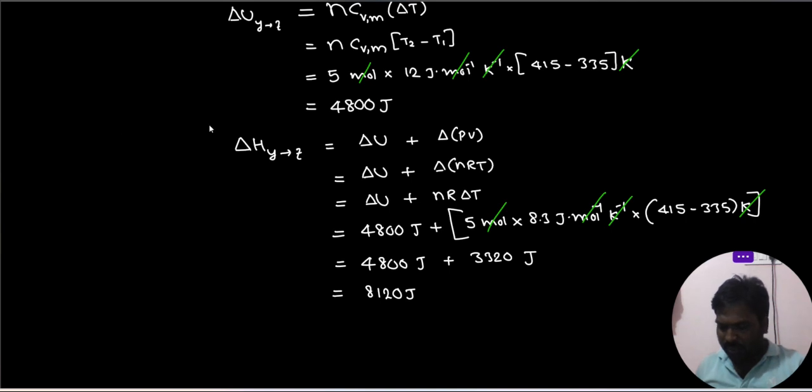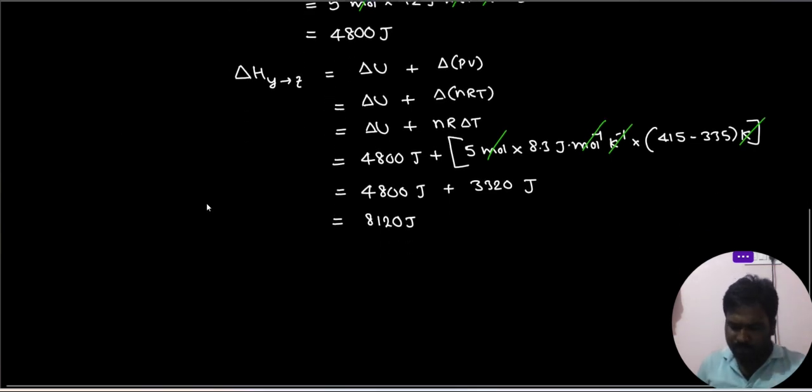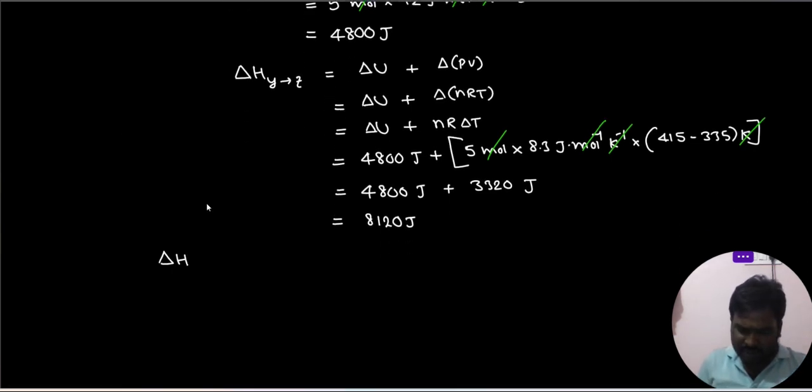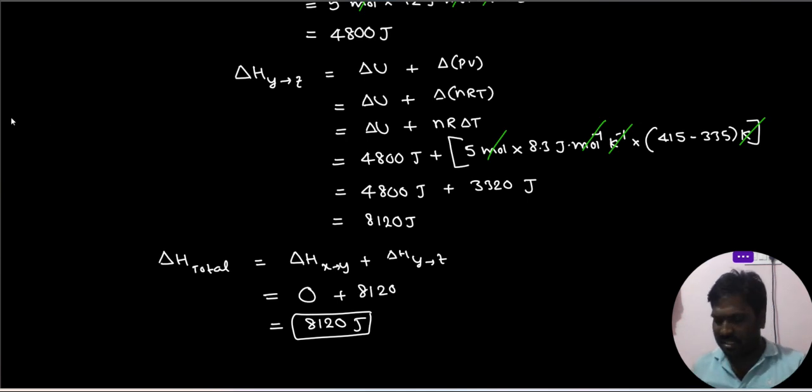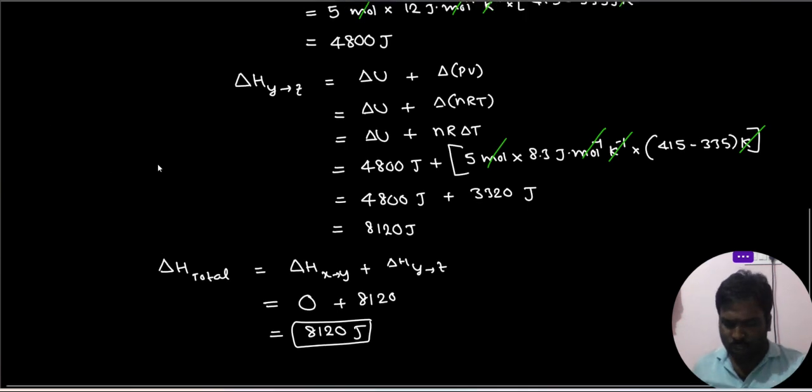Now the total enthalpy change is equal to delta H for X to Y plus delta H for Y to Z. This value is 0 and this value is 8120, so the total is 8120 joule. So this is the answer. I hope everyone understood this solution.